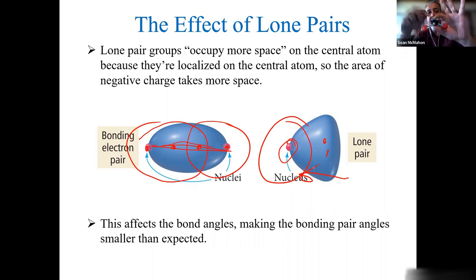So what does that mean? Because these electrons are closer to the central atom, there's a greater repulsion, and that lone pair is pushing this bond and this bond more. So there's a squeezing in that angle.